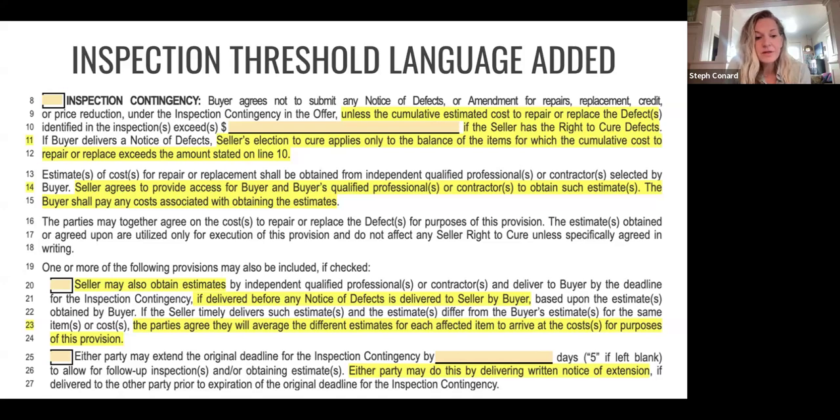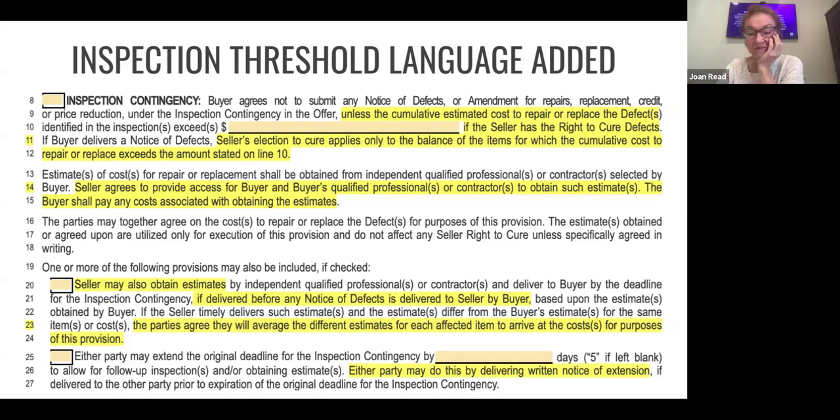Line 25, either party may extend the original deadline for the inspection contingency by 5 days to allow for follow-up inspections and obtaining estimates. Either party may do this by delivering written notice. So that's pretty nice.